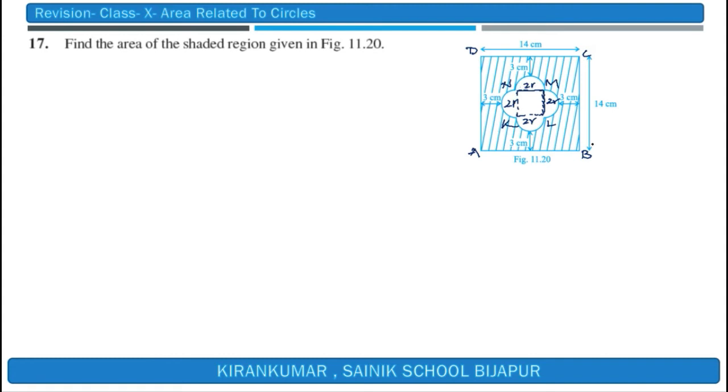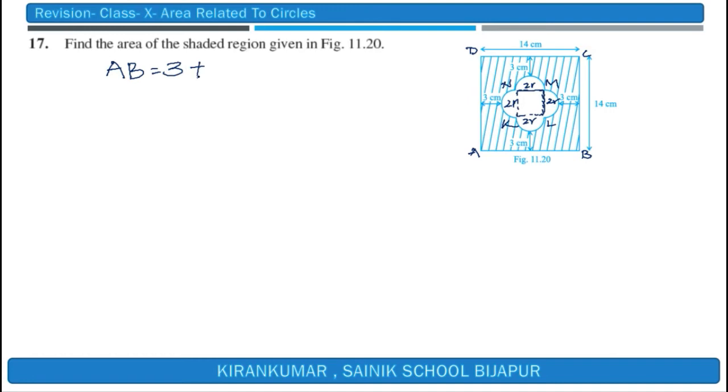Let me consider only one side now, the side AB. The side AB is having 14 centimeter. It's a combination of 3 centimeter from here to here plus 3 centimeter from here to here.